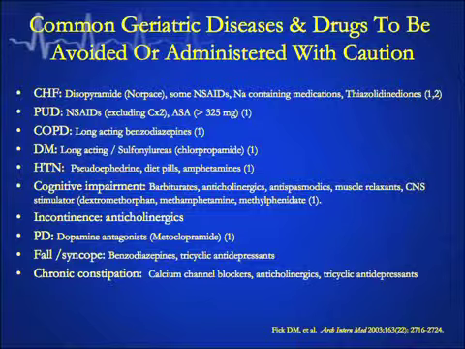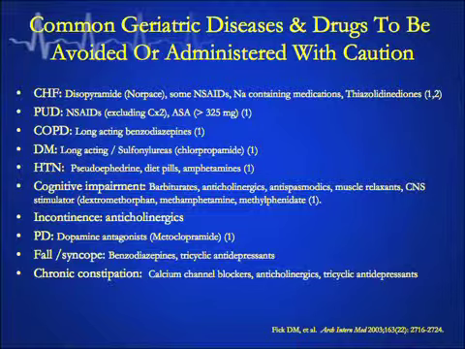And again, in case of peptic ulcer disease, you have to avoid NSAIDs and aspirin greater than 325 milligrams. In case of COPD, long-acting benzodiazepines are not good. In case of diabetes, long-acting sulfonylureas, again, not good. In case of hypertension, pseudoephedrine, diet pills, amphetamines, they are not good.